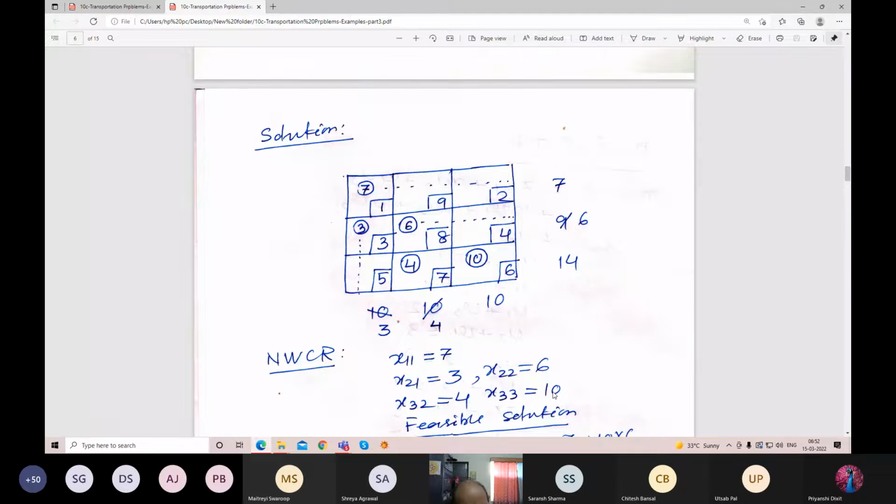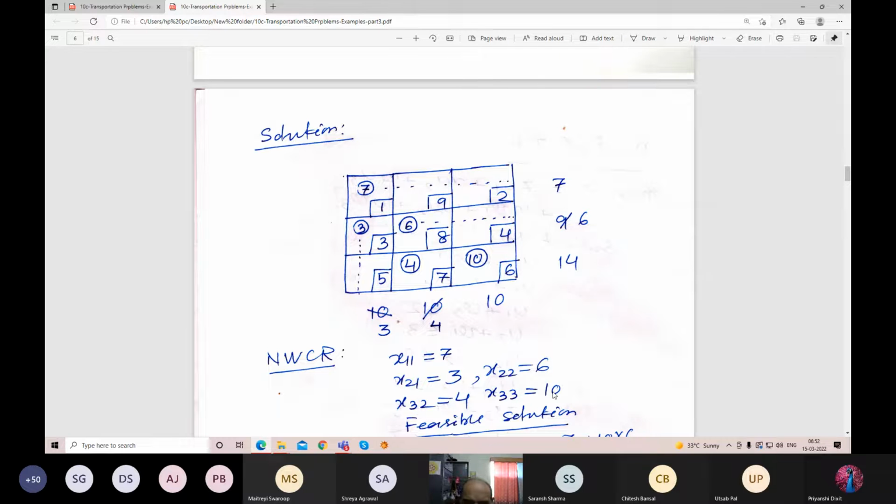You can also apply the least cost method. Both are similar procedures, and sometimes the least cost method gives a better solution. But here we need any solution, so to start the next step, that is the modified distribution method.